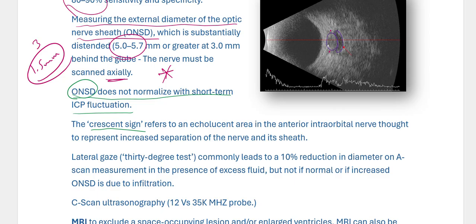This is very specific to increased intracranial pressure and swelling of the optic nerve, and this is related again to the ONSD. So if you see this crescent, this is very specific to high ICP.